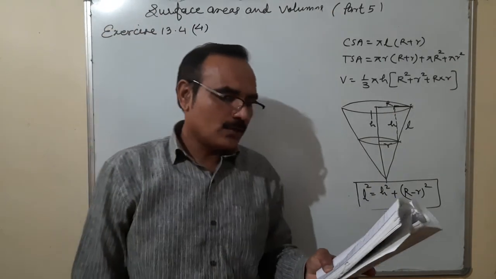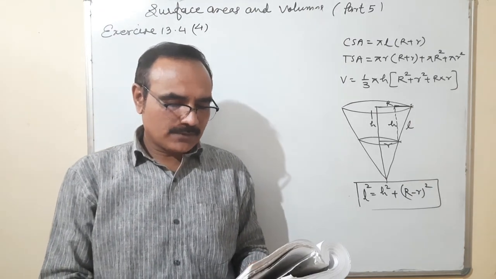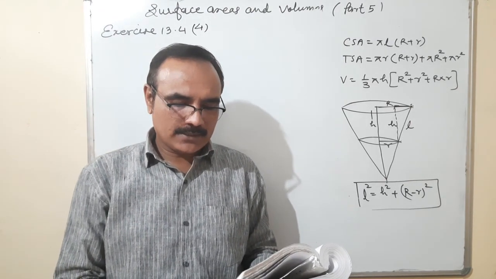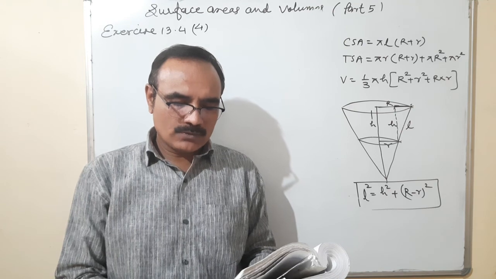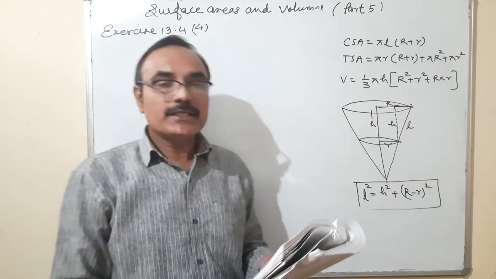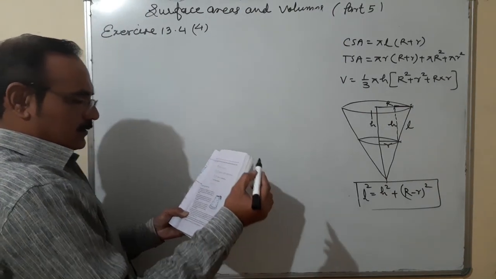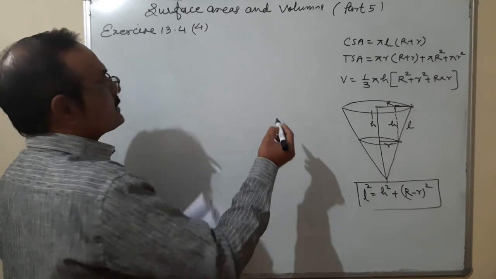Fourth question: a container opened from the top and made up of a metal sheet is in the form of a frustum of a cone of height 16 cm, with the radii of its lower and upper ends 8 and 20 cm. I'm making a diagram also.